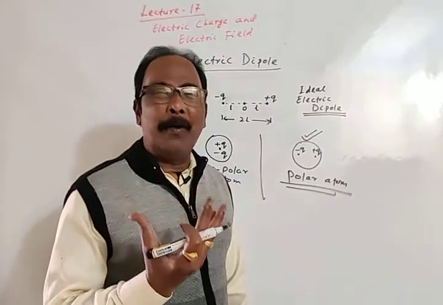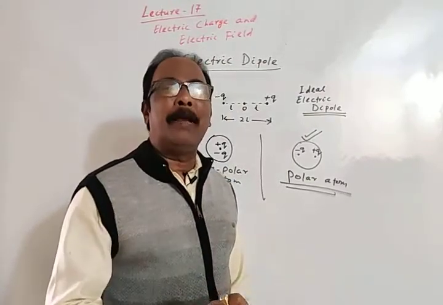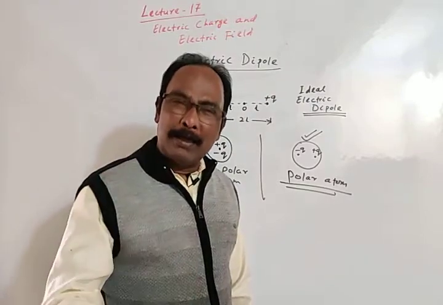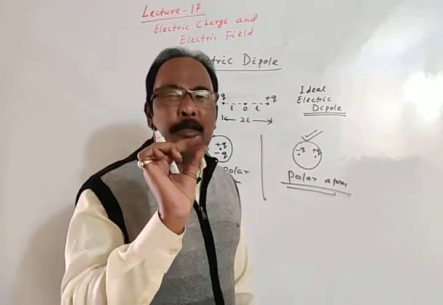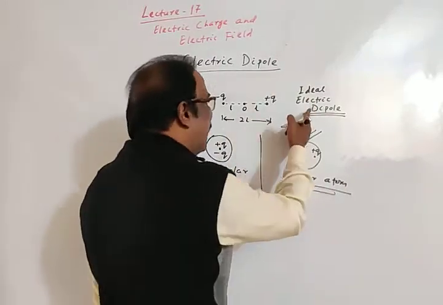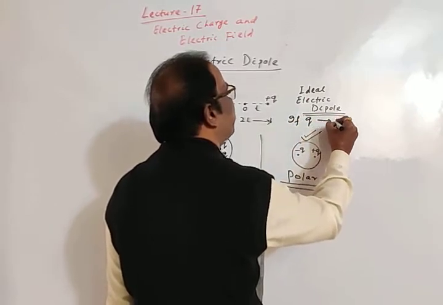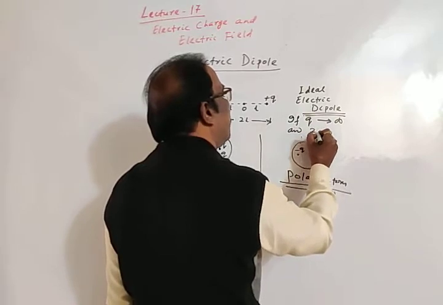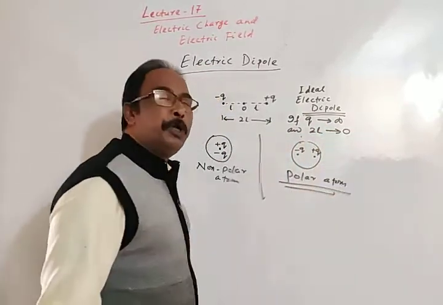But an ideal electric dipole consists of two equal and opposite charges separated by an infinitely small distance. This means the dipole is ideal if the charge tends to infinity and the distance between the charges, 2L, tends to 0.